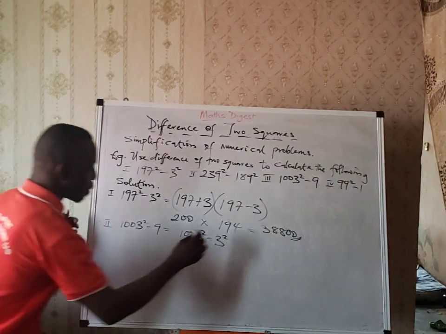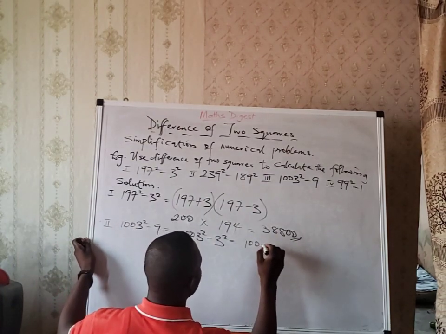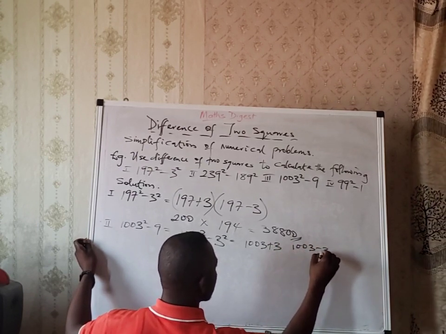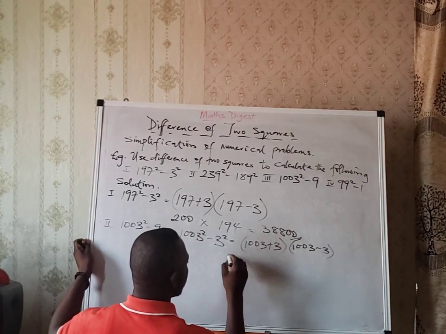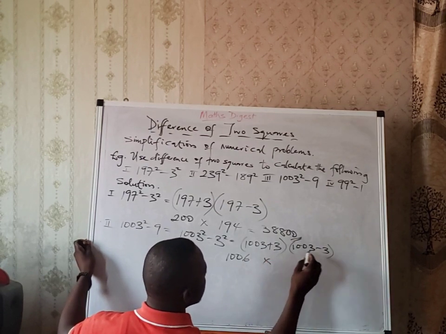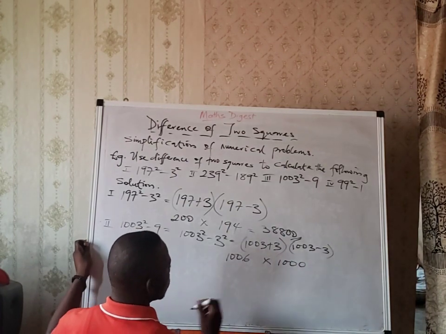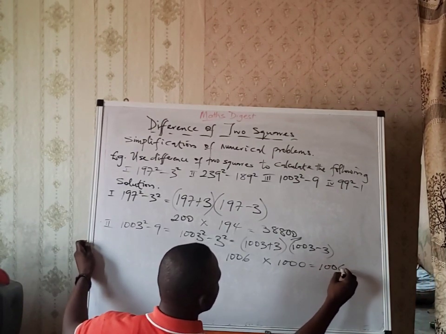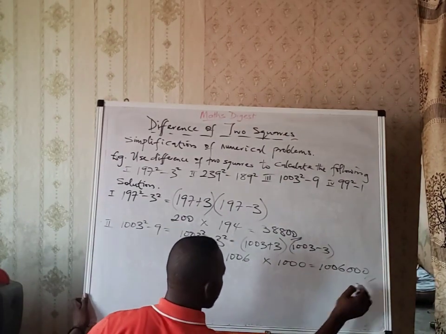This will give you 1003 plus 3 and 1003 minus 3. This plus this will give you 1006, and this minus this will give you 1000. So this times this gives 1006000. That's the final answer.